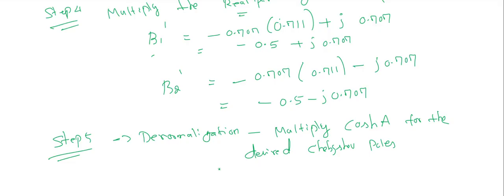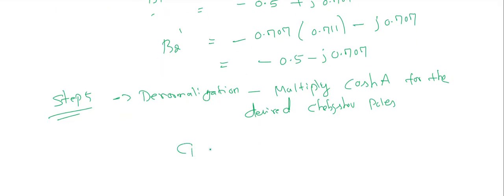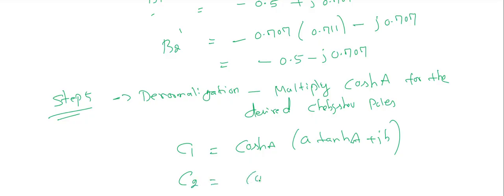So now C1 and C2: C1 is equal to cos HA multiplied by A tan HA plus jB. Similarly, C2 is equal to cos HA times C tan HA plus jD.